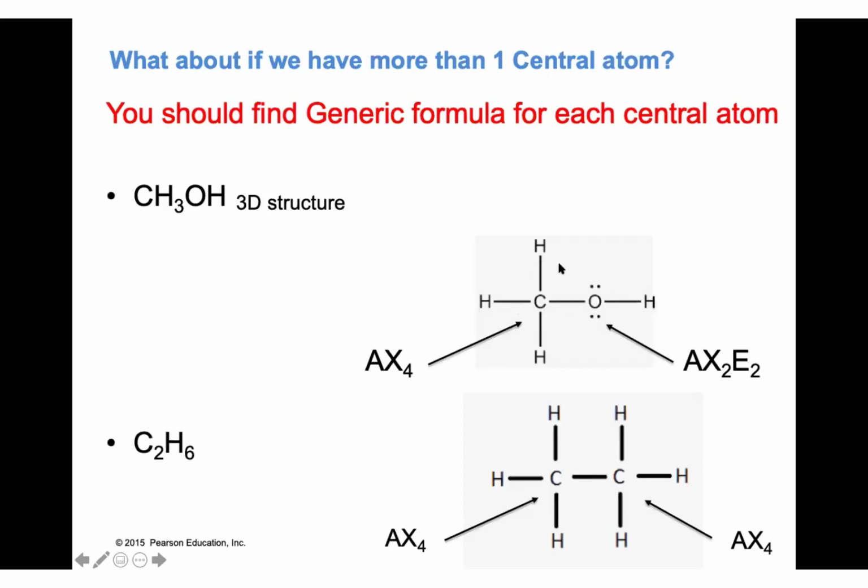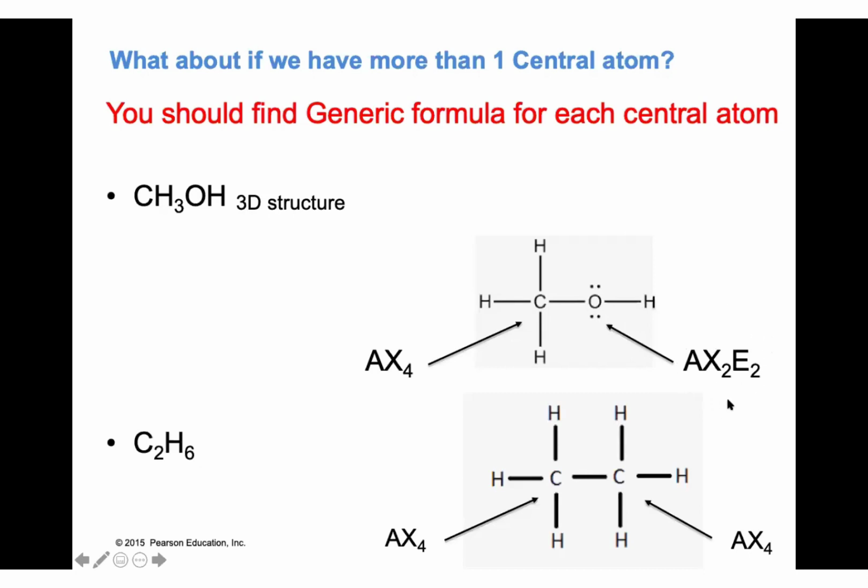So this carbon has a generic formula of X4. What about this oxygen? It has two bonds, one with H here, one with C here, and it has two lone pairs. So the generic formula for it will be X2E2.